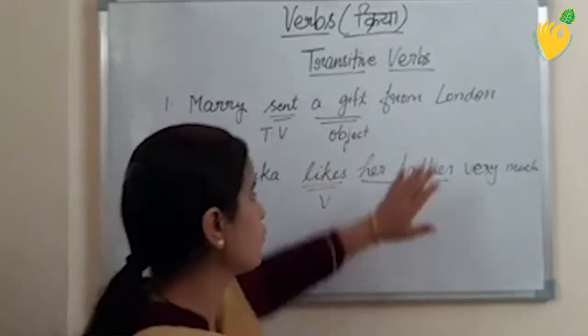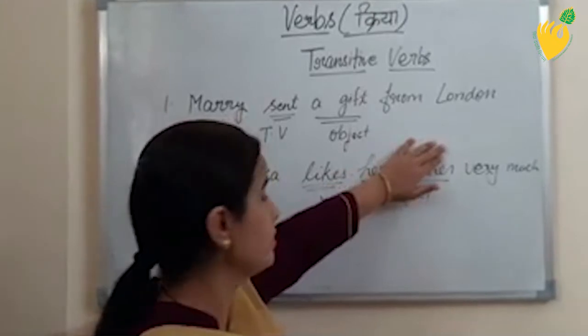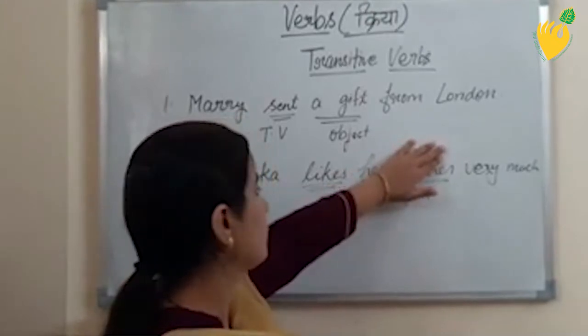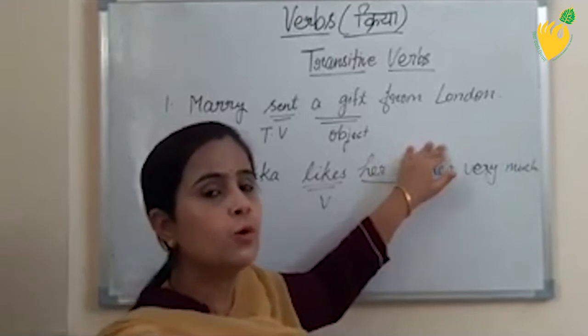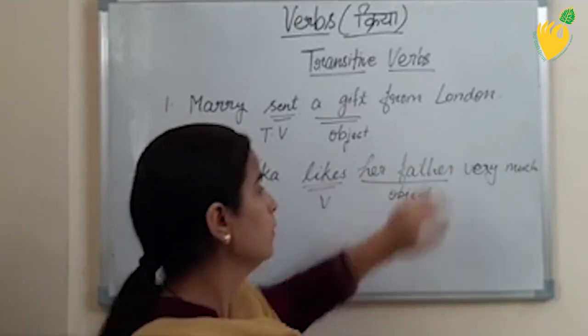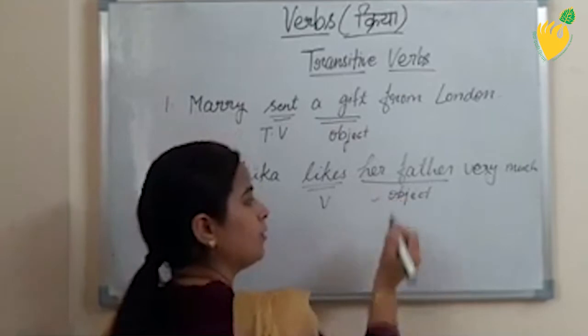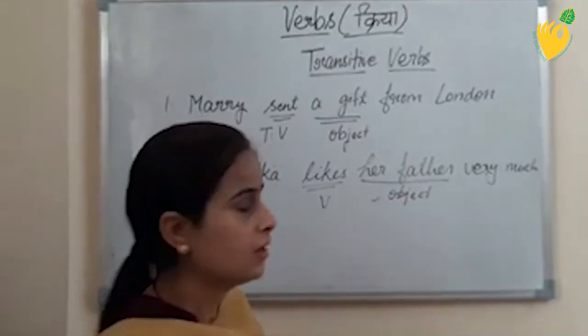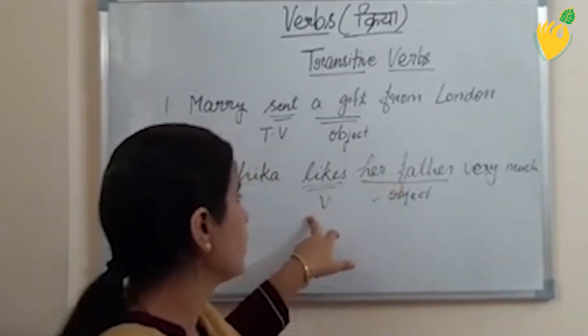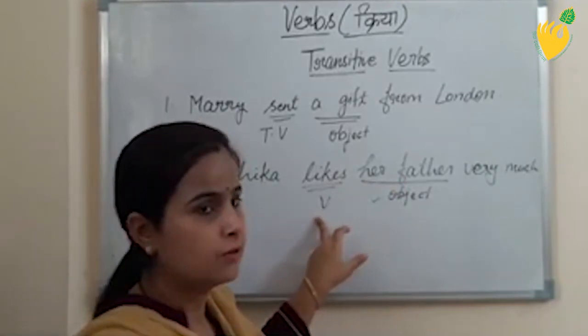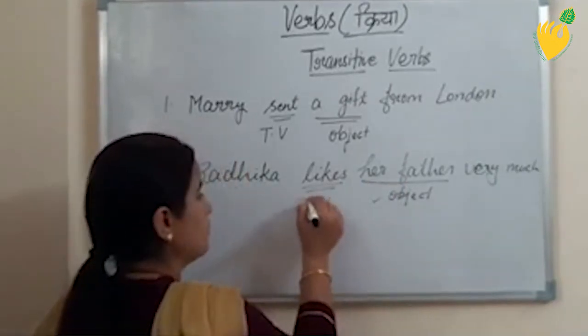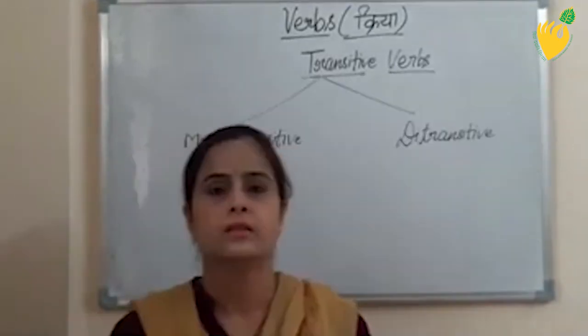If you remove this object, her father, the sentence will be: Radhika likes very much. Then the question arises, whom does Radhika like? The answer will be her father. So it is an object. Without this object, this verb likes is not able to give complete meaning. So this is also a transitive verb.